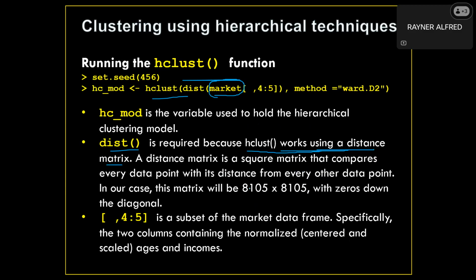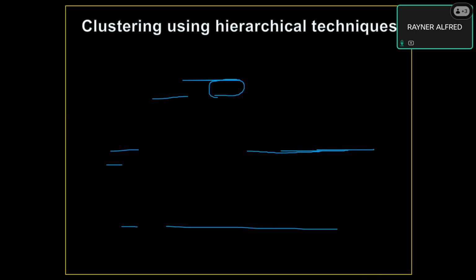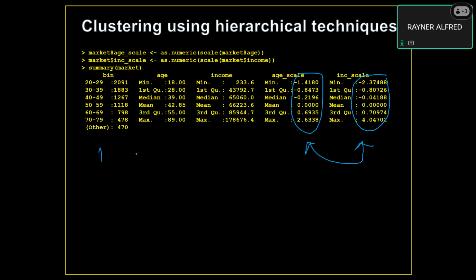In this case, we are using a subset of the market data frame, referring to columns number 4 and 5. So this is your number 1, 2, 3, 4, and 5. So we are using this data.